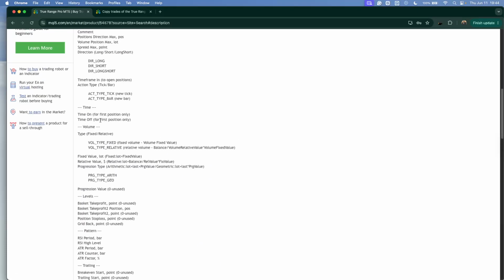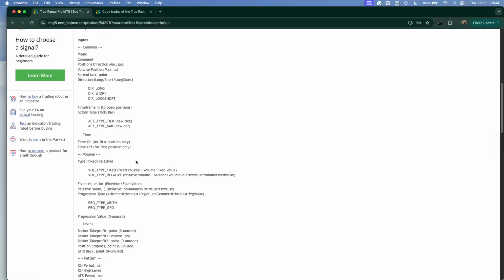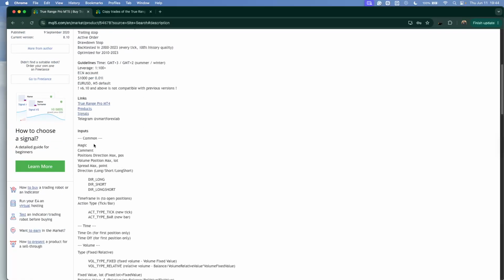All the settings are listed out here. The key settings and features they highlight include the hard stop loss per position. We also have the dynamic basket take profit, and these are the inputs I'm talking about. And also there is the active orders after certain position count. There's trailing with break even, overlap logic.